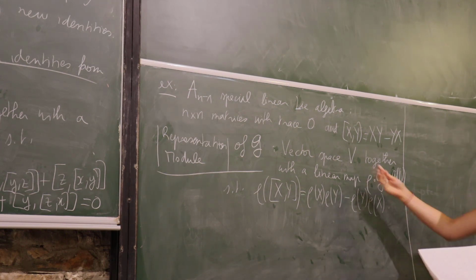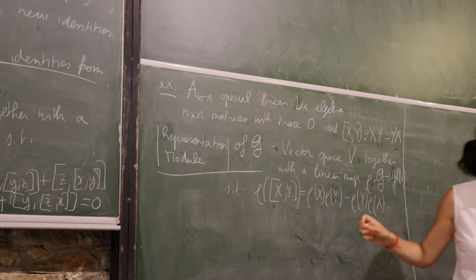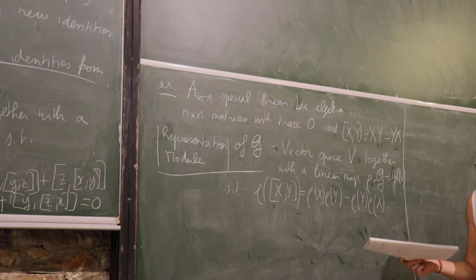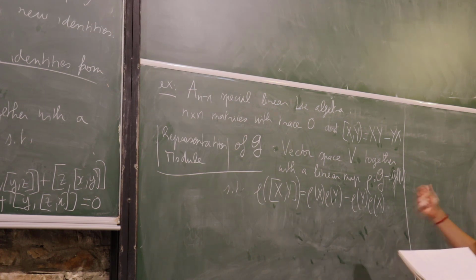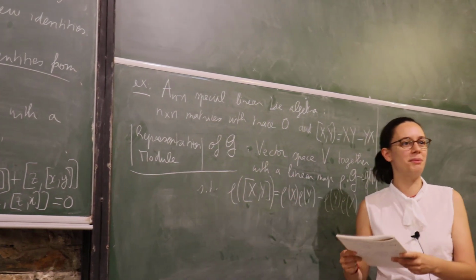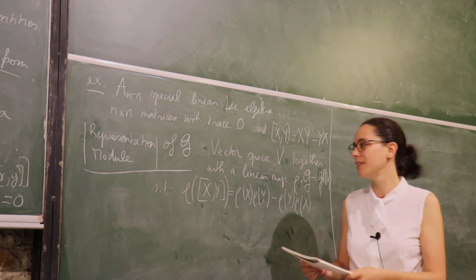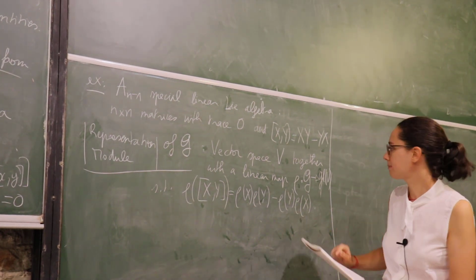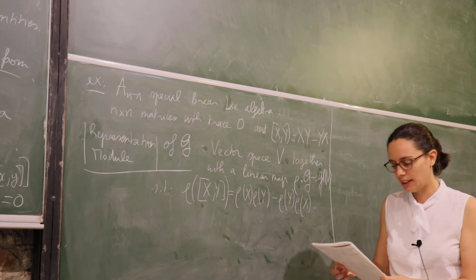Otherwise, there is no point really if it's just to consider the identity. So that's the idea behind representation theory: to represent complicated algebraic structures by simpler ones. So that's what a representation is.